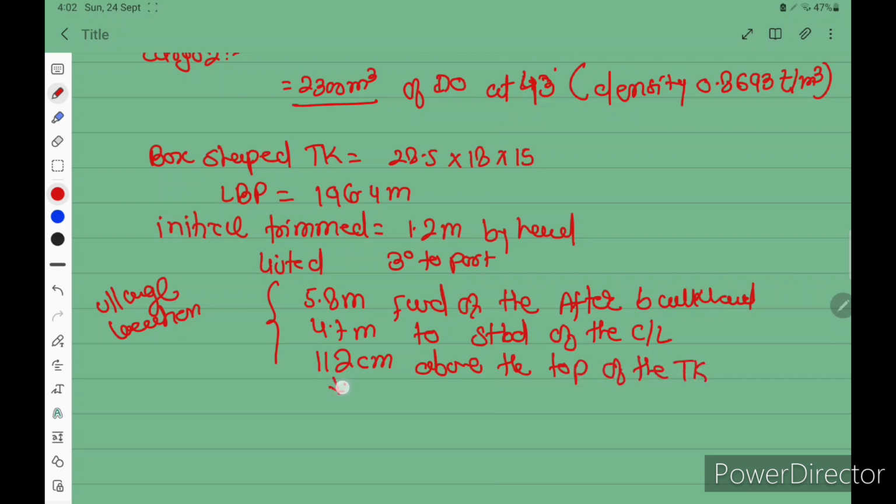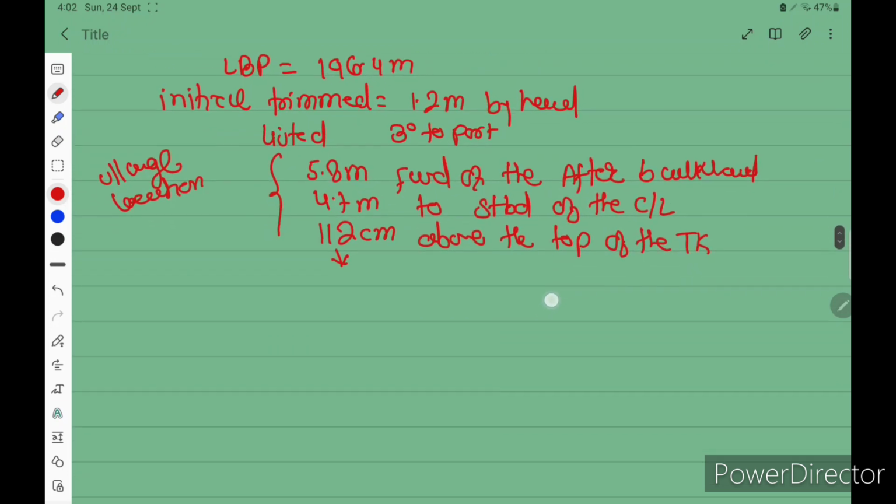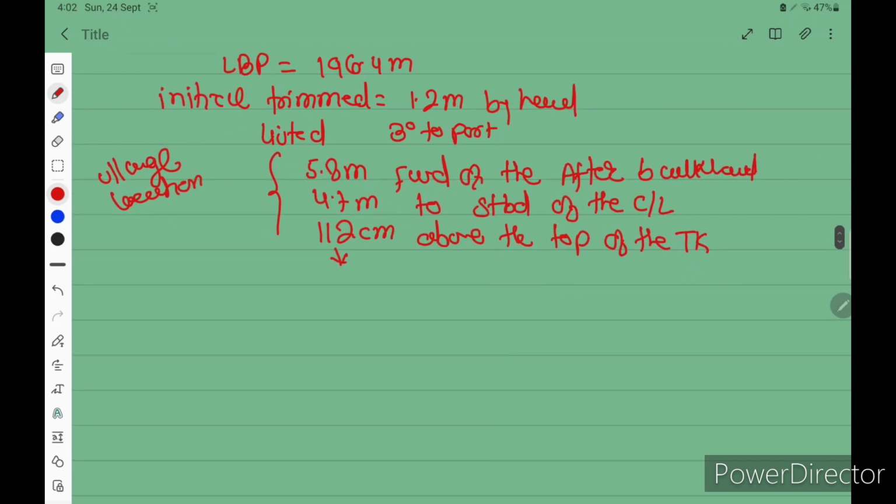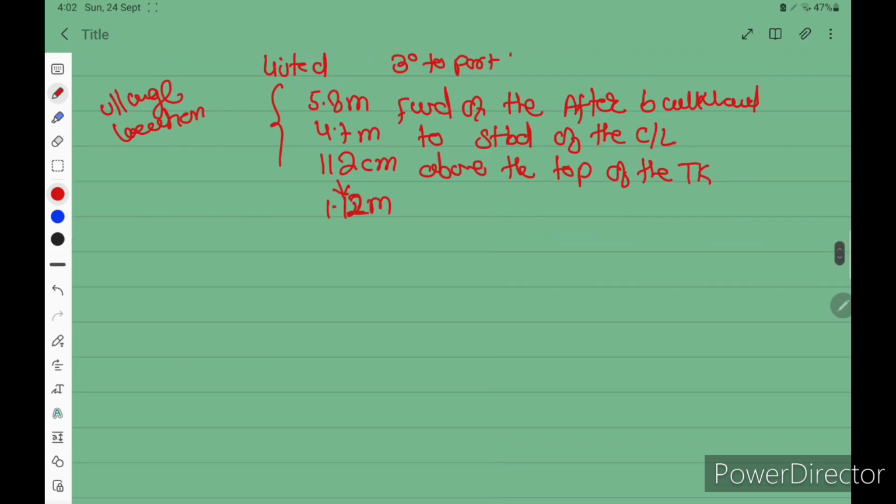So 112 we have to convert into meters, so 1.12 meters. And blending temperature to be 20 degrees centigrade.